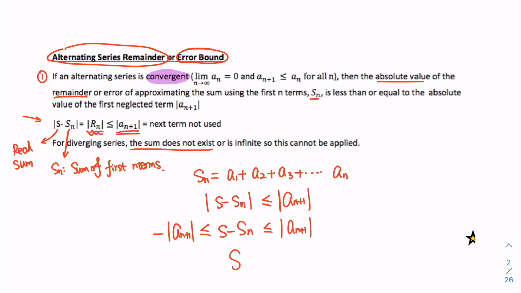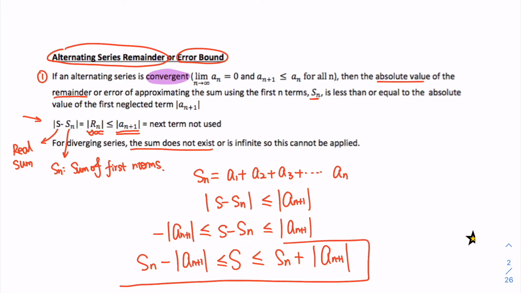So from here, the real sum is between s_n minus the next term and s_n plus this term. This gives us a very good idea. Even if we cannot find the sum, using this formula we can approximate the range of the real sum.